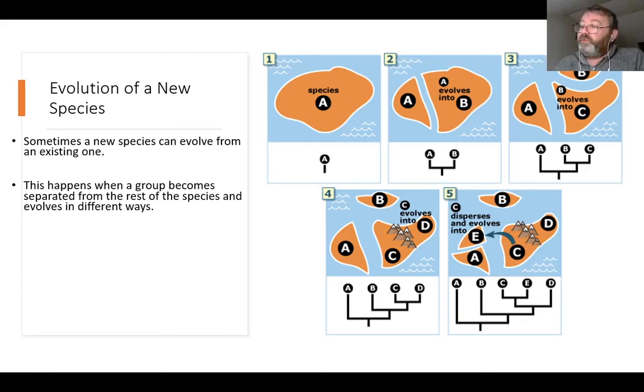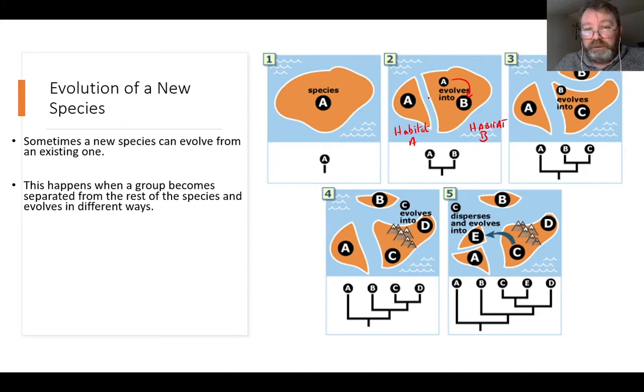So you now have two pockets of A. But because the habitat here, that means the living conditions, for A and the habitat here for B are very different, A slowly evolves into B, helping B to survive better in habitat B. So you've got one species which all of a sudden experiences a separation.